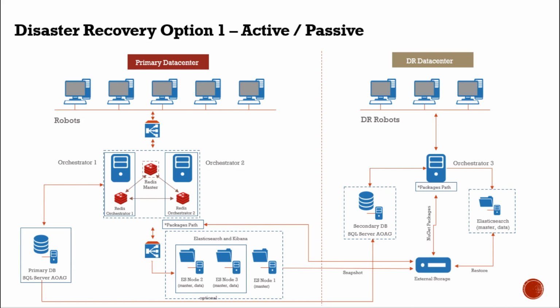The robots will be configured with this particular orchestrator instance. So once switched on, it will start behaving as a normal robot, and it will resume all the activity that is there. Meanwhile, the primary data center can take its time to recover from whatever is happening.